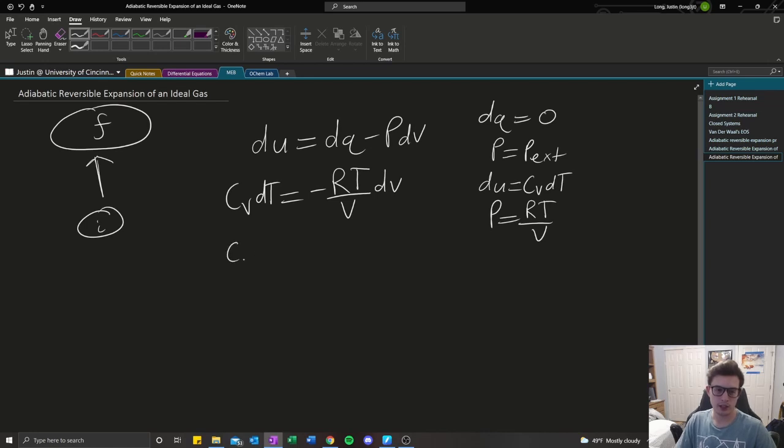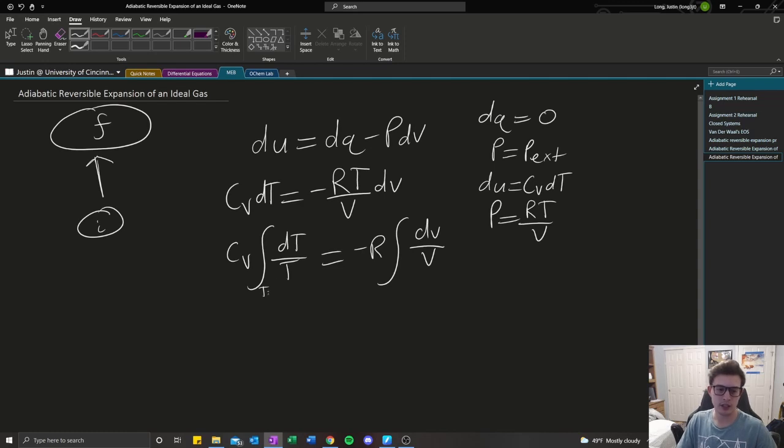So we've got CV, which is just constant, times the integral of dt over t, and that is equal to the negative r, which is again another constant, times the integral of dv over v. All right, and so our bounds of integration here are just going to be the temperature and volume at these initial and final conditions of this pocket of air.